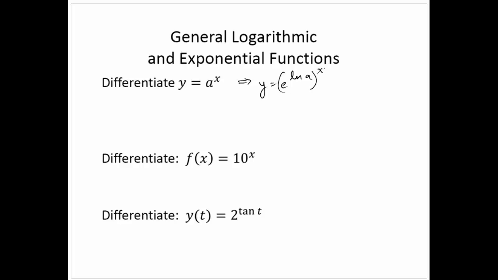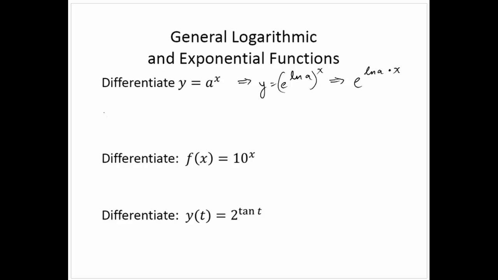All right, then I can further write this using properties of exponents as e to the natural log of a times x. Power to a power, we can multiply exponents. And so now I've written this as an exponential with base e, and we know how to calculate those derivatives.